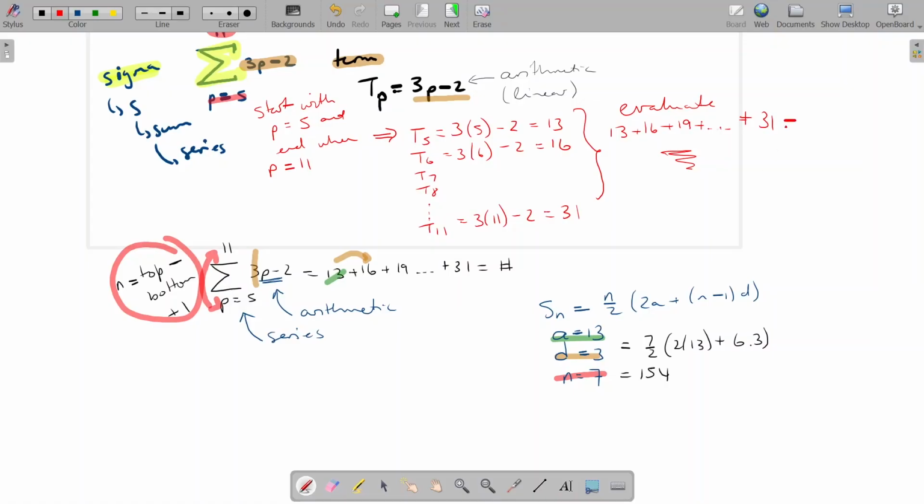So there's nothing that stops me from doing that, but more often than not, they'll either use a large number of terms to discourage you from doing this method, or they'll give you the total and ask you to find how many terms there were, the reverse question, and as a result, you won't be able to use this method quite so easily.